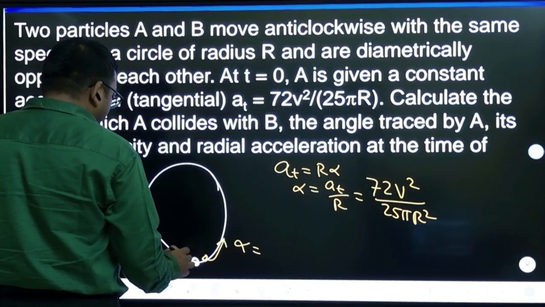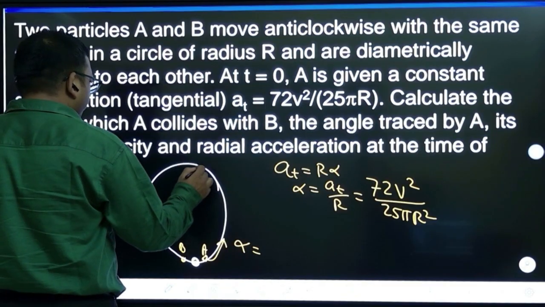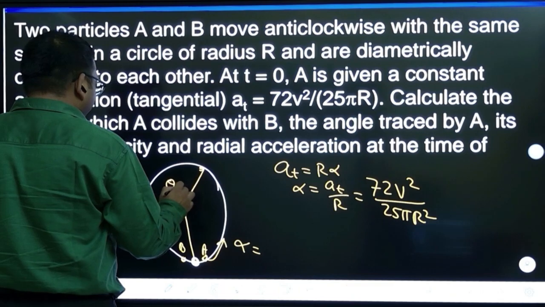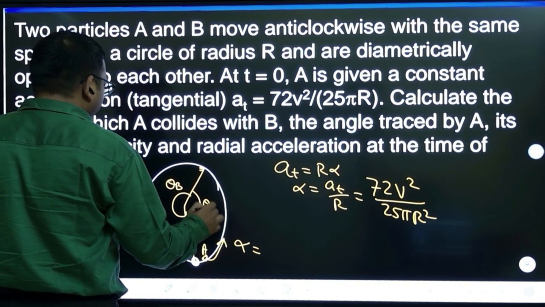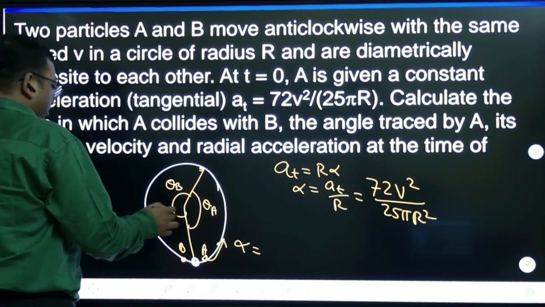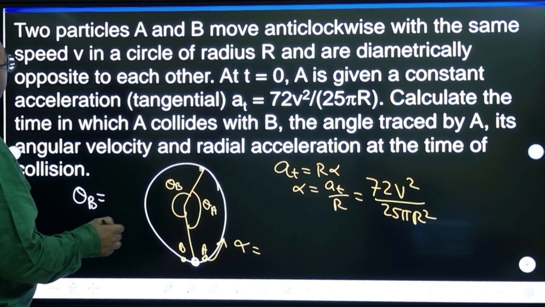So suppose this is A and this another one is B, they are going to hit somewhere. We do not know. Let us say it is hitting here. So this has traveled angle theta B and this has traveled angle theta A. But theta B will be given clearly as omega into time, right?